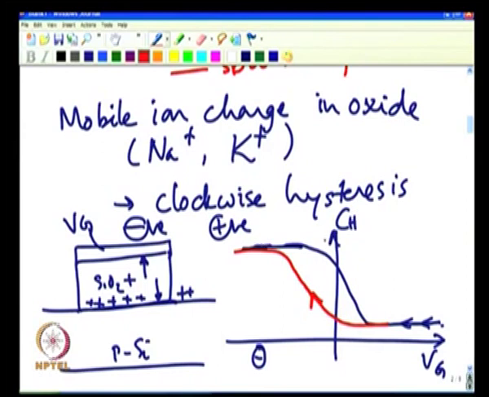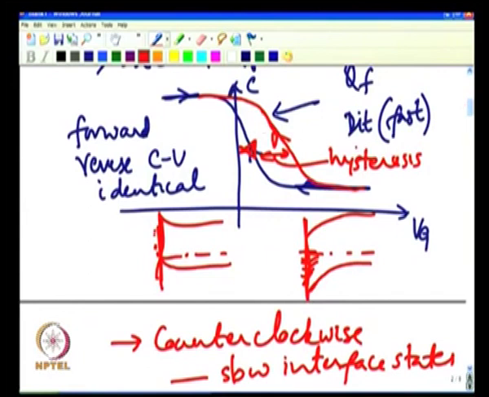So when I am doing the forward CV, the CV will again come back here, because now it does not feel this positive charge. All the positive charges are repelled all the way to the gate electrode, and hence their effect is not at all felt. So when you have this mobile ion charge, the hysteresis as you see is clockwise, this is what I meant, whereas here the hysteresis is counterclockwise.